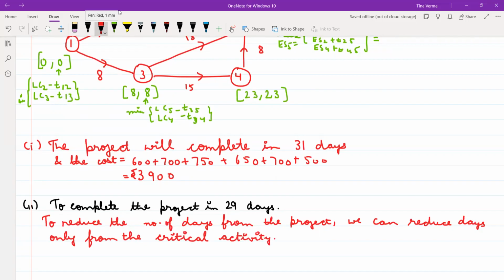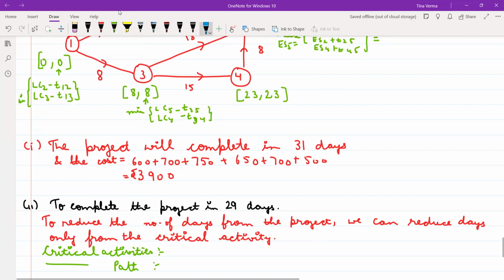So in this case, what is my critical path and critical activity? So I have to check critical activities. Then I will have the critical path. So we have already done that. My critical, this is my same. This is same. This is same.